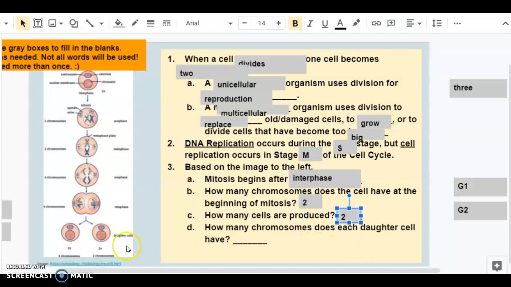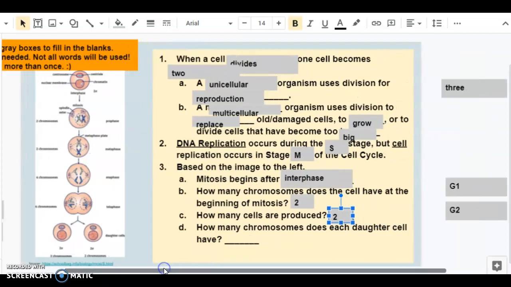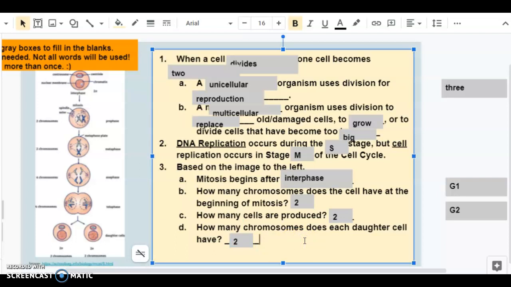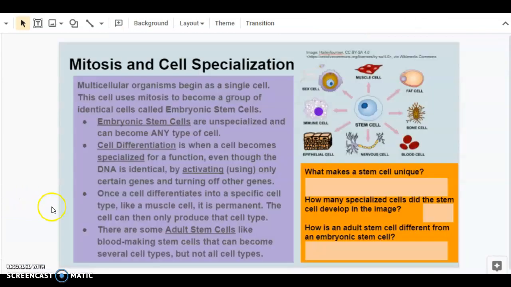And each of those daughter cells would have exactly the same number as the parent did, which is the number 2. And there you have a review of mitosis and DNA replication and how it affects specifically chromosome number.